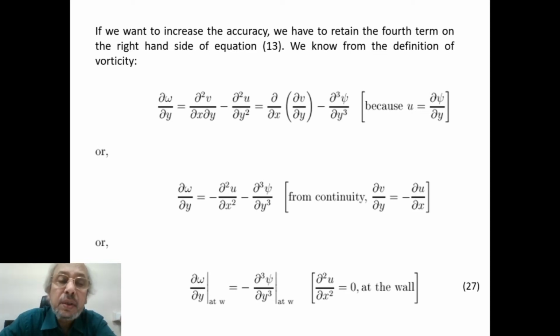Now here we'll work with a third order term, which is effectively del omega del y, and we can show that del del y of omega means del del y of (del v del x minus del u del y).